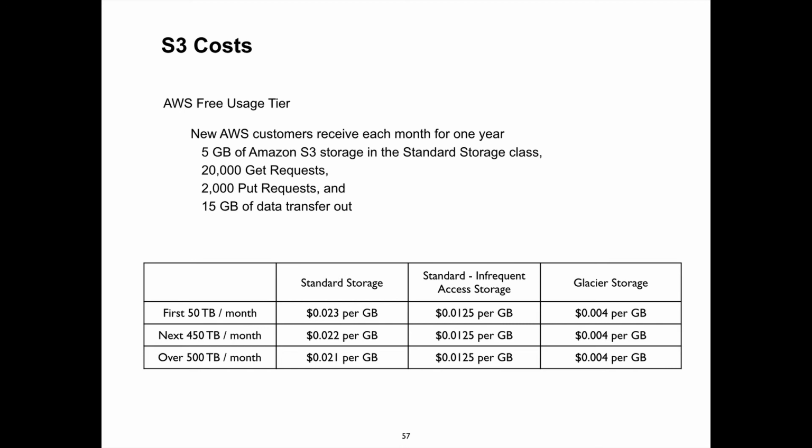Again, this was like 2 years ago. The good news for us is that Amazon, Google, and Microsoft are in a price war to try to convince you to use their service, so it keeps going down every year.